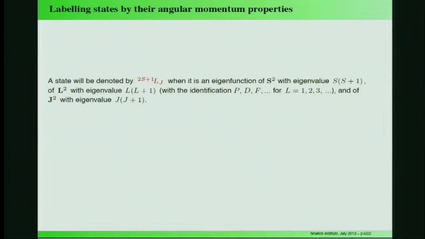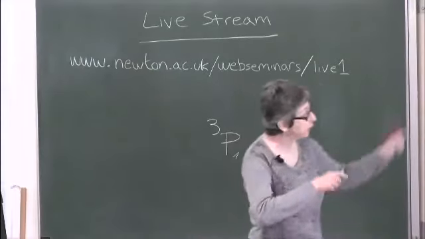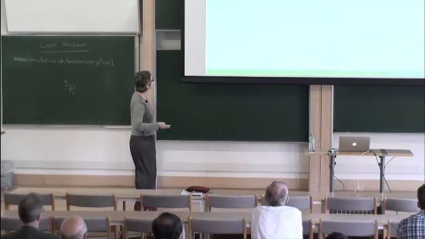So for example, this means that I am looking at a state which has L equal to 1, S equal to 1, and J equal to 1. Okay, so this is called a triplet P. Just this notation because it's going to come next.